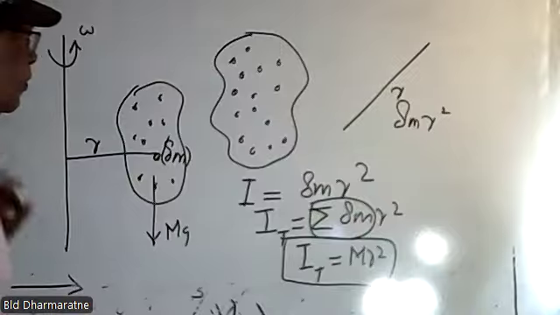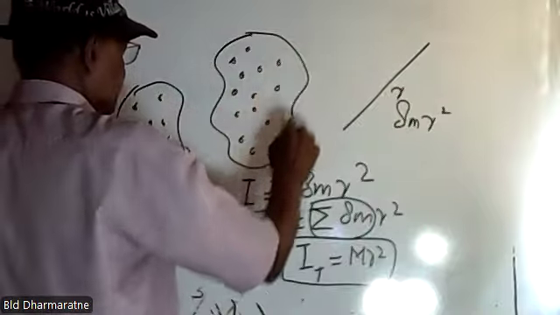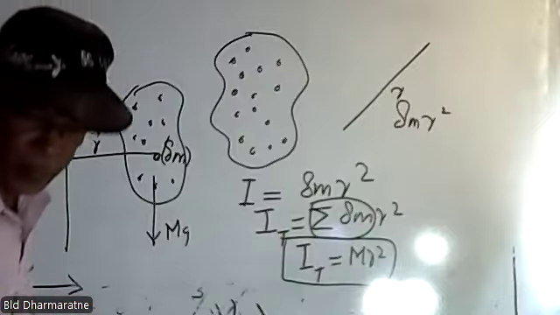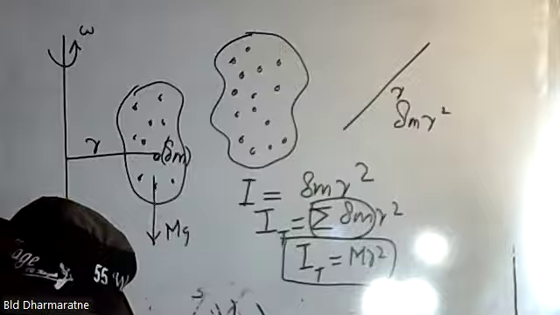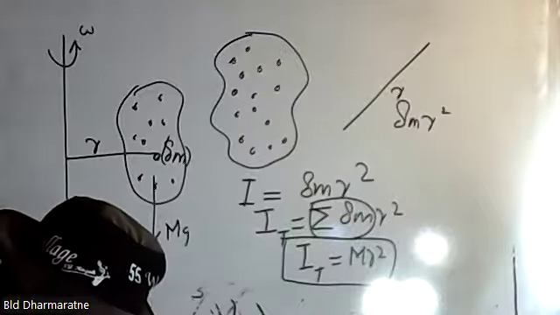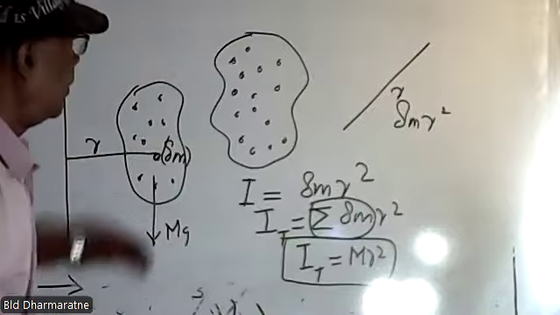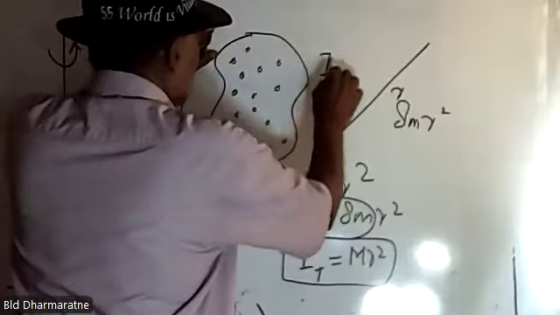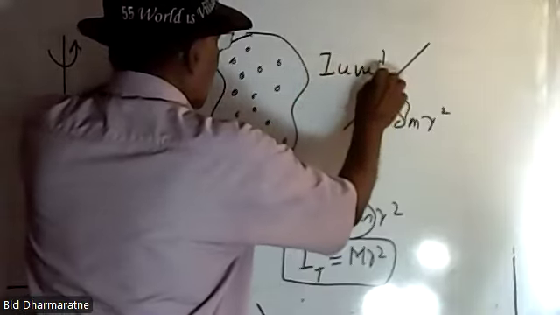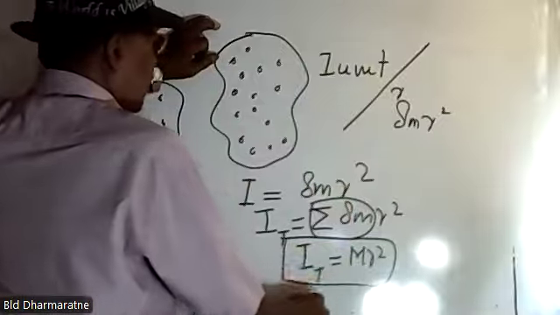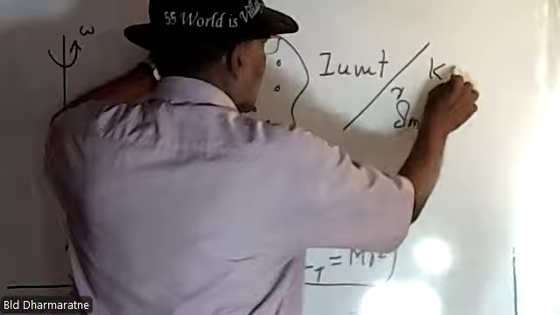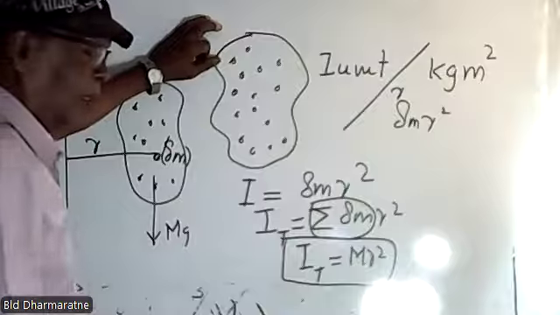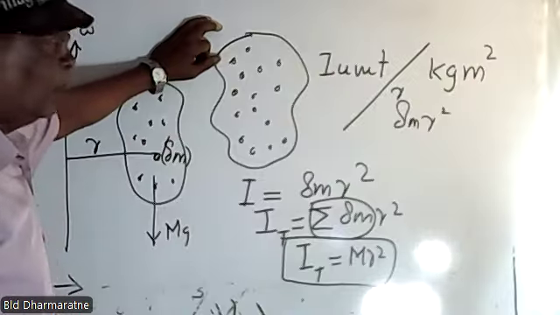What is the unit for this? The unit of I: mass M is in kilograms, and r is in meters, so r squared is meter squared. The unit is kilogram meter squared.